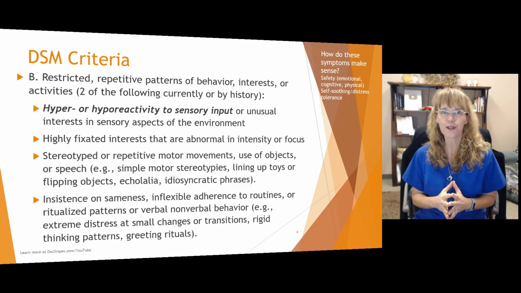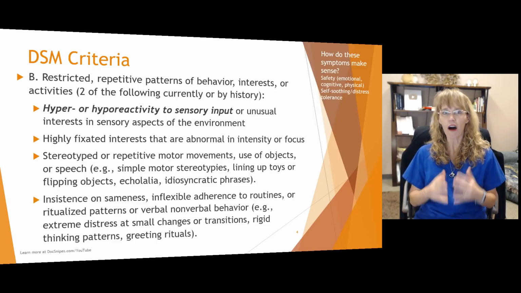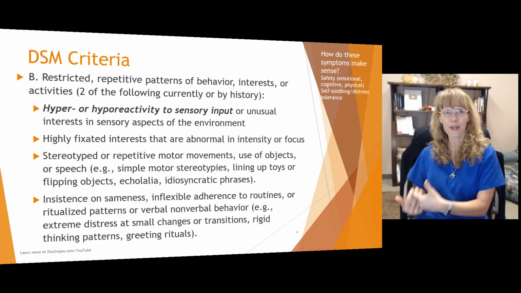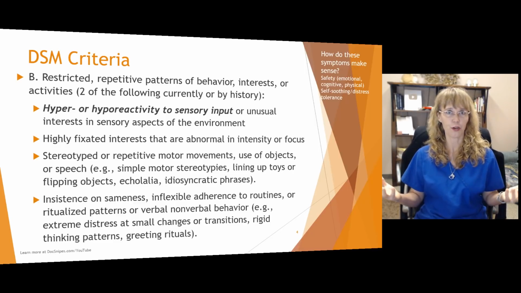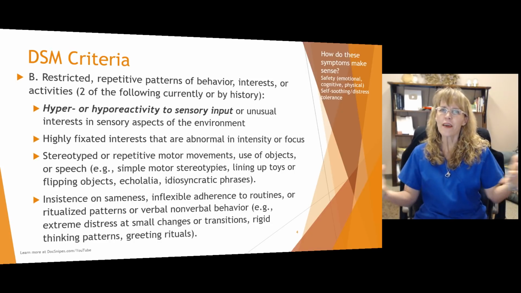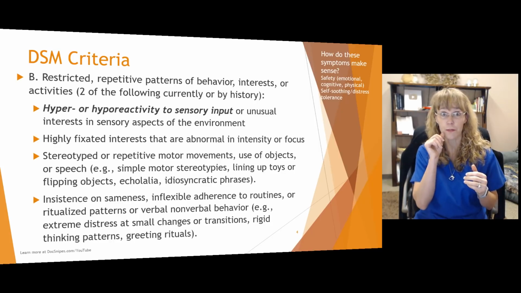It's also important to remember that people with autism spectrum disorders often are neuroatypical and often have sensory differences. They could be hyper-reactive to sensory input, so lights, sounds, smells, temperatures may feel way more intense to them than they do to people who are neurotypical.